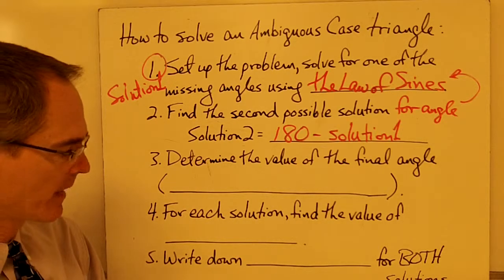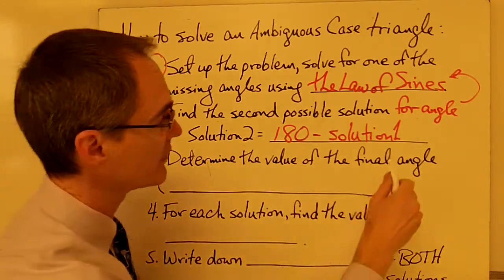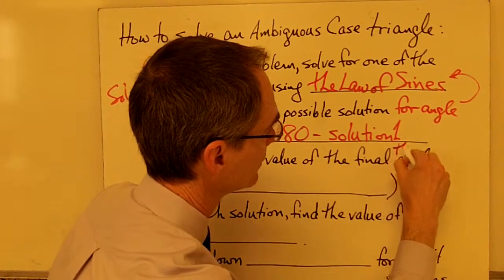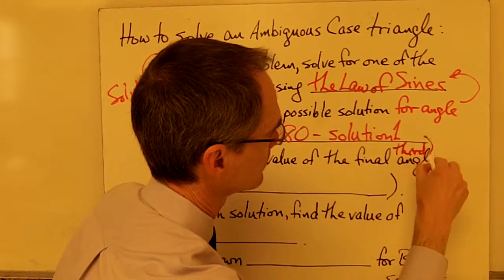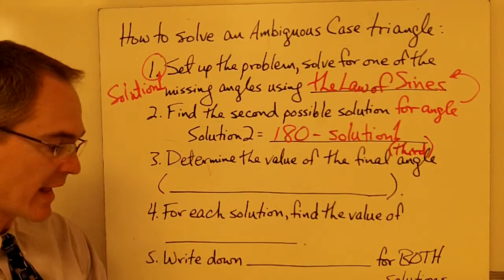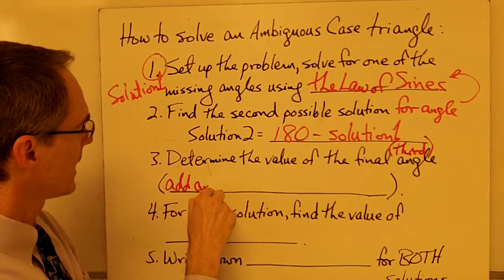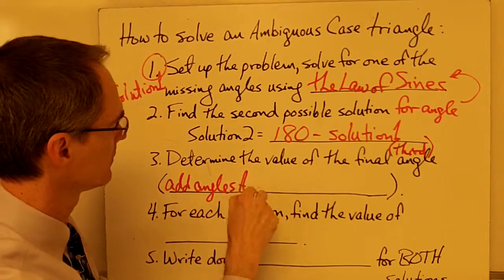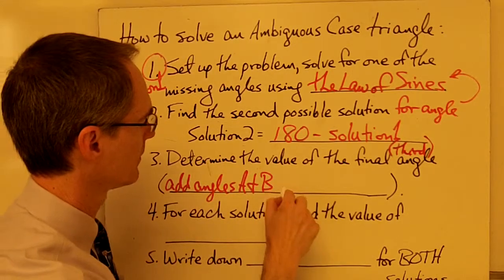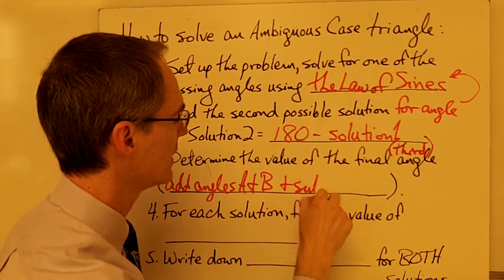Step number 3, determine the value of the final angle, your third angle, by adding angles A and B and subtracting from 180.